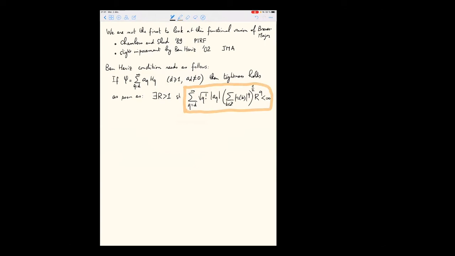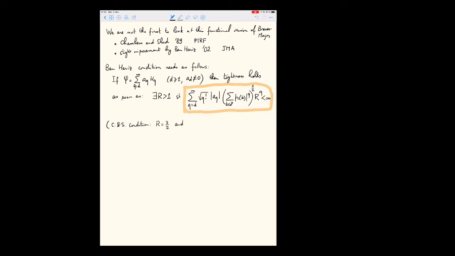So before I describe what we obtained with David, let me make some comments. First, I said that Ben Harris is a slight improvement of Chambers and Slud. So let me just mention what Chambers and Slud's condition was. It was the same statement, but not there exists r strictly bigger than 1, but they chose to work with r equal to 3/2, which was quite arbitrary to get something simple, I think.